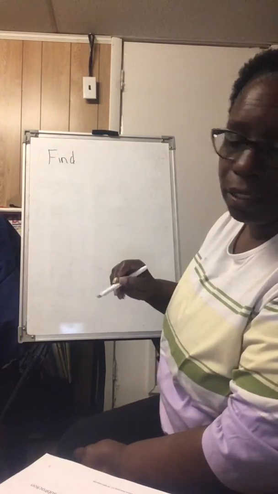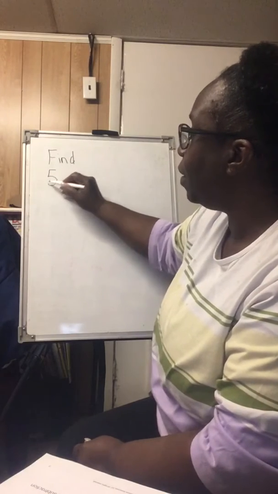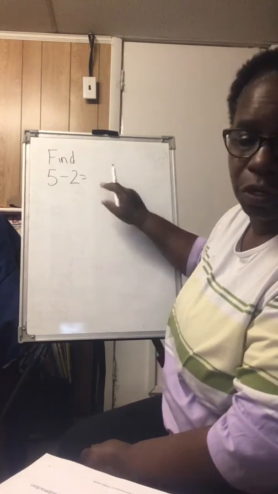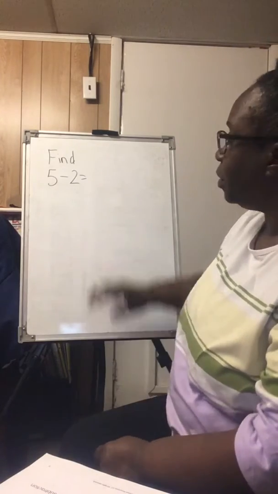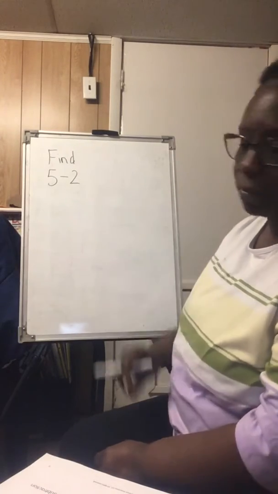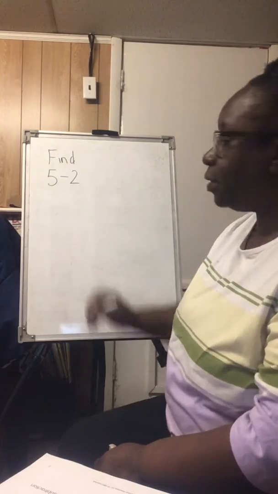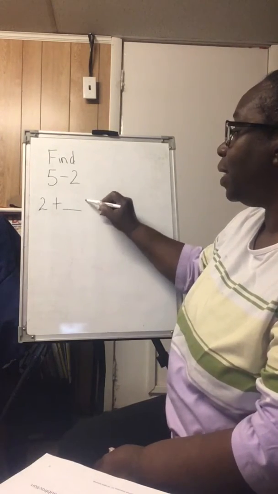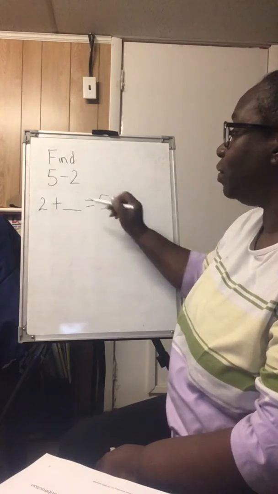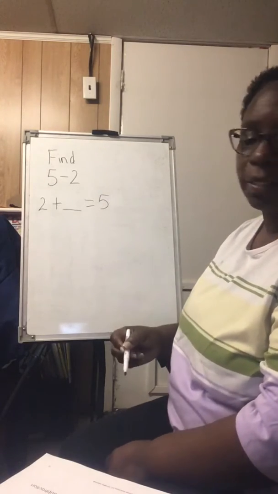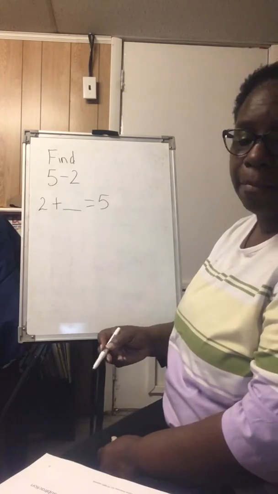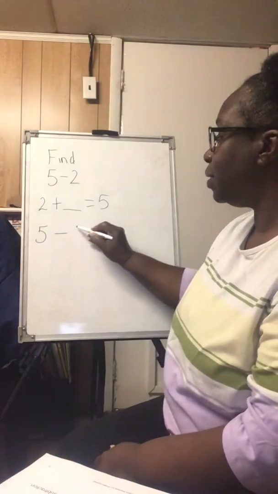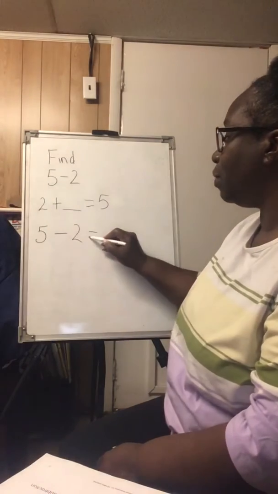Our equation was 5 minus 2 equals, we don't know what it equals. So we're looking for 5 minus 2, okay? So we have 2 plus blank equals our 5, using our same numbers. And our subtraction is going to be 5 minus 2 equals what?